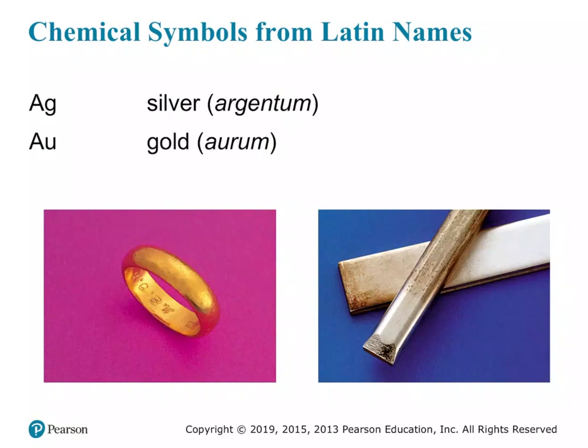And then gold has the symbol Au from aurum. Now, I used to get these two mixed up all the time, and I still do sometimes, to be honest. But I always thought that Ag stood for gold because it has a G in it, right? But no, it's the opposite. So silver is Ag, gold is Au. So sometimes it's easy to get the names and the symbols mixed up.